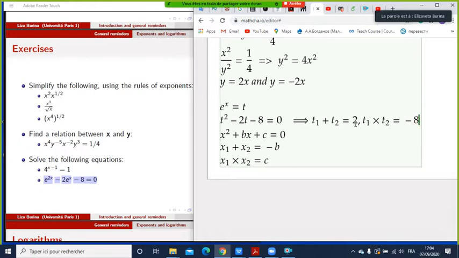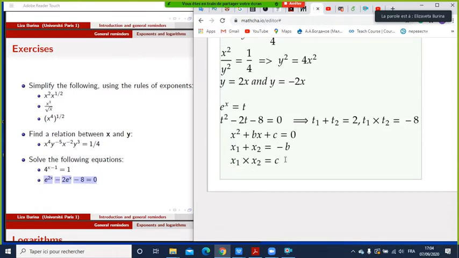So the solutions of this equation. So this is our theorem in general.